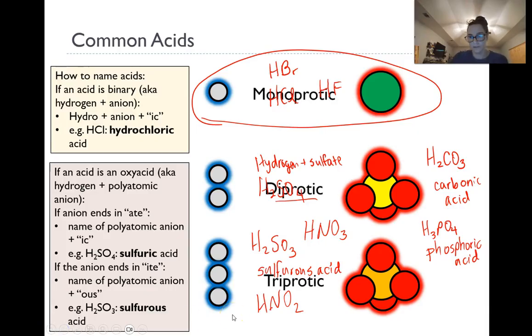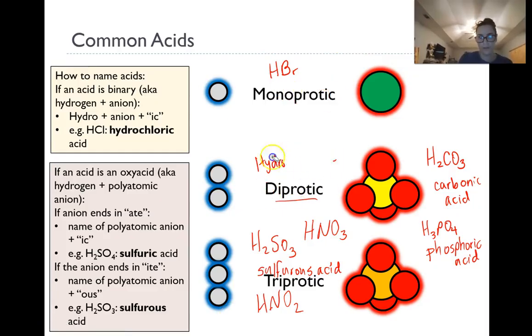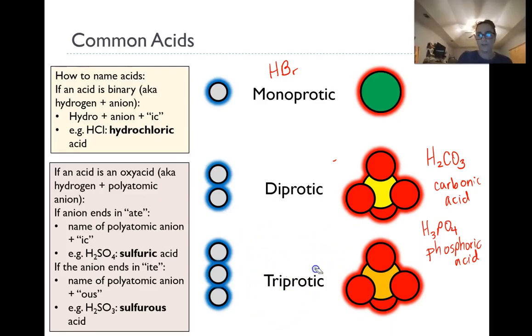Okay, also, let me get rid of all this red. Go away. Acids can donate different amounts of protons depending on their nature. Something that can donate one hydrogen ion is called monoprotic because there's only one in the formula. A diprotic acid is something that contains two protons, so it can donate two. Di means two, obviously.